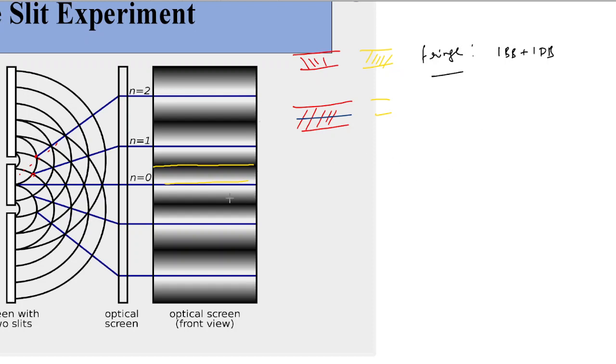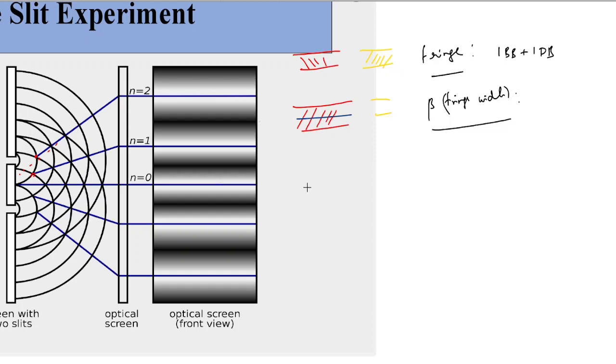In this case, one fringe would mean, for example, one bright plus one dark band. The fringe width is called beta. Beta is called the fringe width. So fringe width is the width of one fringe.